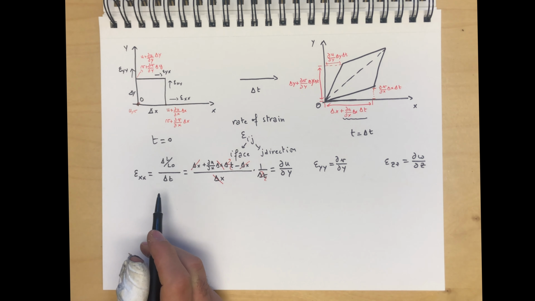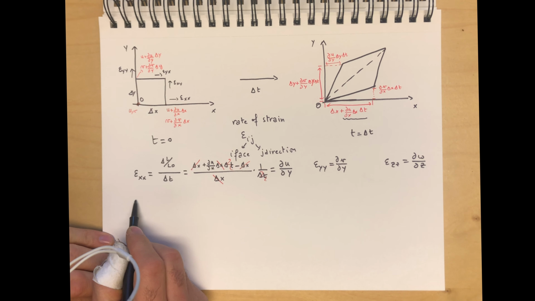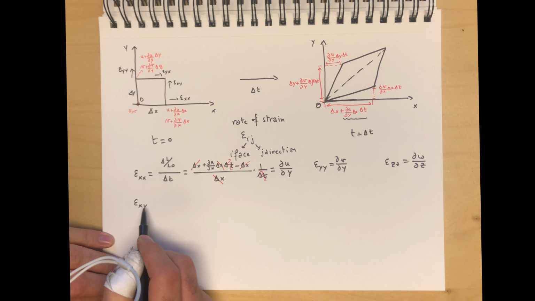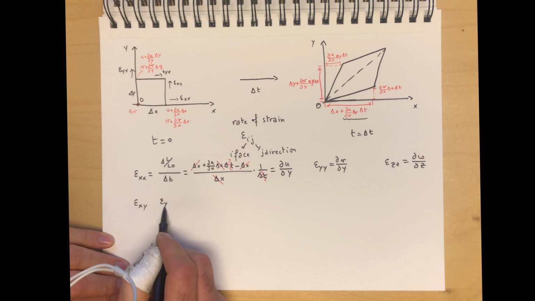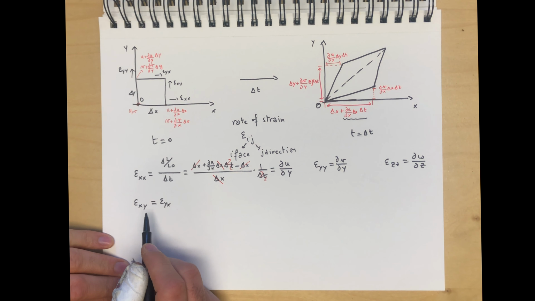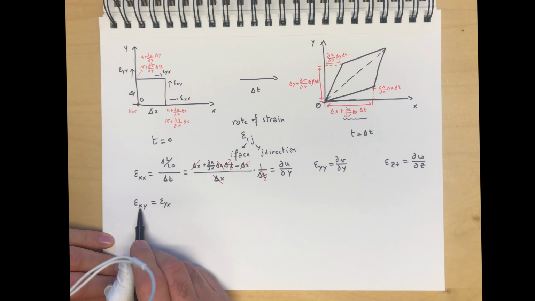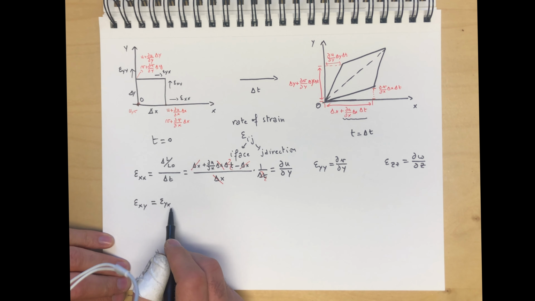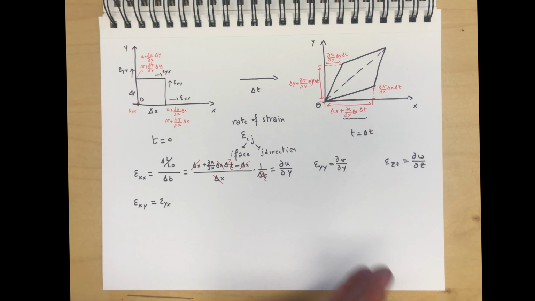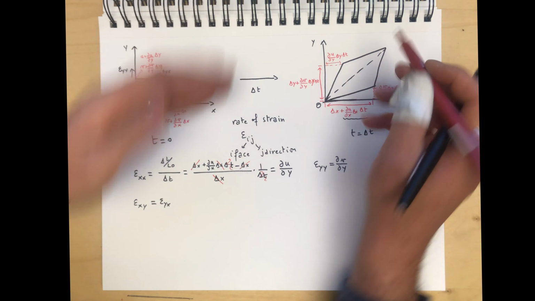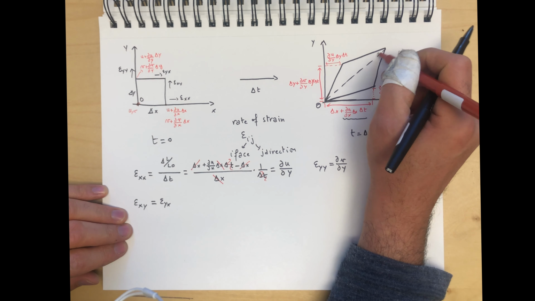Okay. Now something a little bit more interesting has to do with epsilon xy and epsilon yx. First, they're going to be equal just because of symmetry, and we define epsilon xy and epsilon yx as the average rotation or stretching of this element.